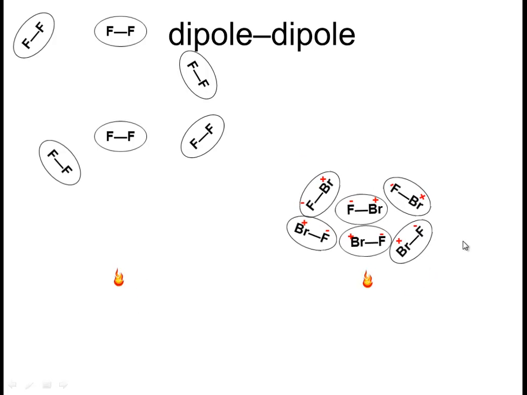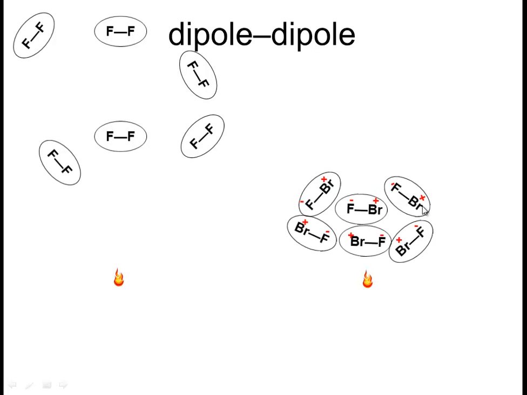Now over here, if I apply the same amount of heat, now I'm trying to show it a little bit more realistically. What I didn't show over here was that before they start to come apart, they're going to start moving, vibrating, and rotating a little bit more vigorously. But they're not going to vaporize at the same temperature that it required for the molecular fluorine.